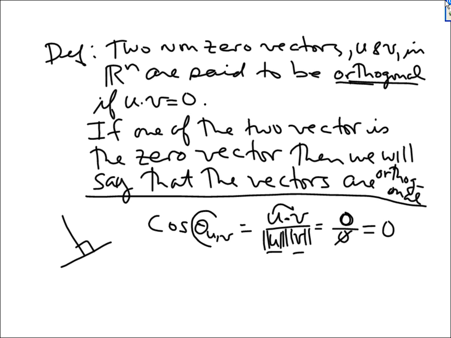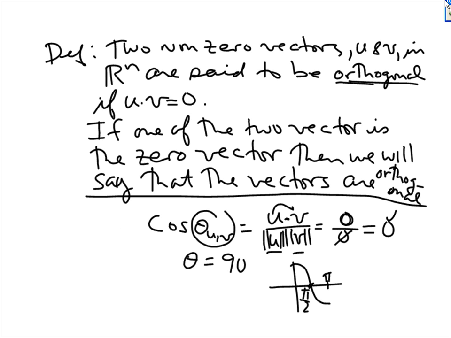And the cosine of what angle between 0 and 180 is 0? 90 degrees. Just look at the cosine graph, only up to pi. The only place where it crosses 0 is at pi over 2, which is 90 degrees. Okay.